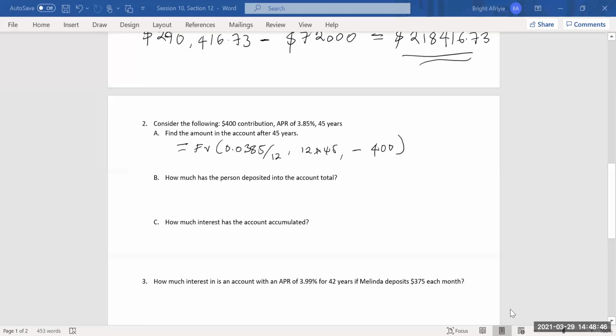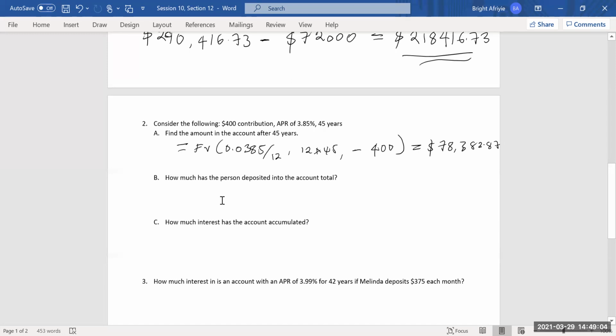So that will be the balance at the end of the period. So Excel is going to give you that as 578,382.87. Okay, nice.